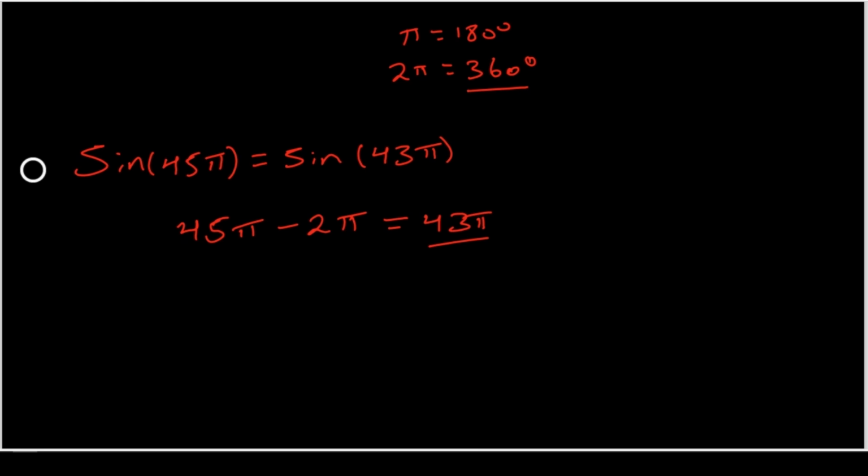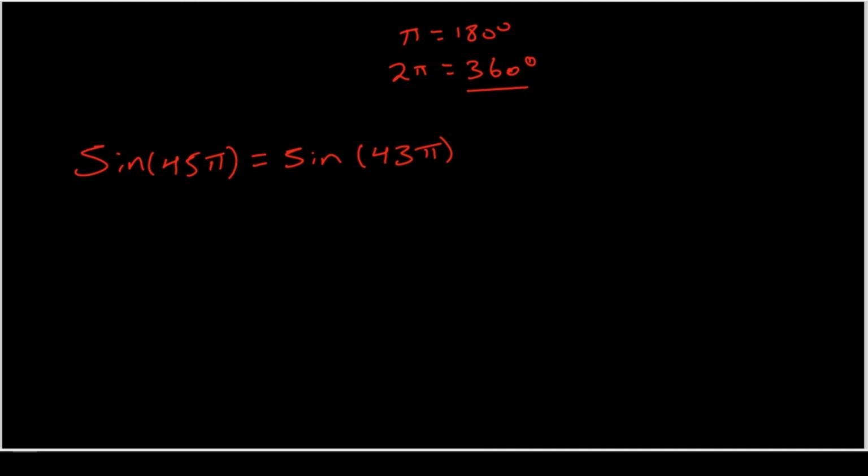So since sine 45 pi is equal to sine 43 pi, I'm just going to subtract a lot of 2 pi's from this 45 pi. That means easily I'm going to subtract a number that is a multiple of 2 and close to 45 pi. So what is a number that is a multiple of 2 and close to 45 pi?